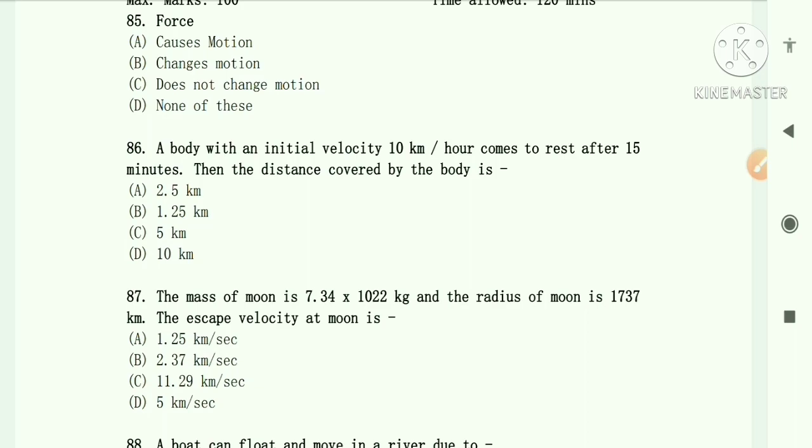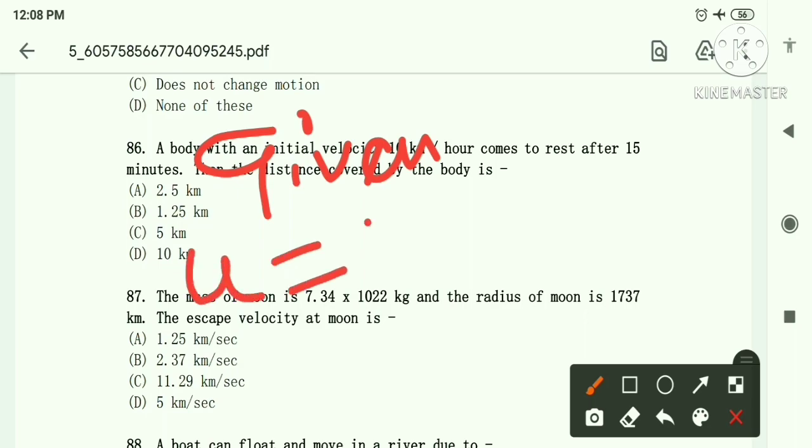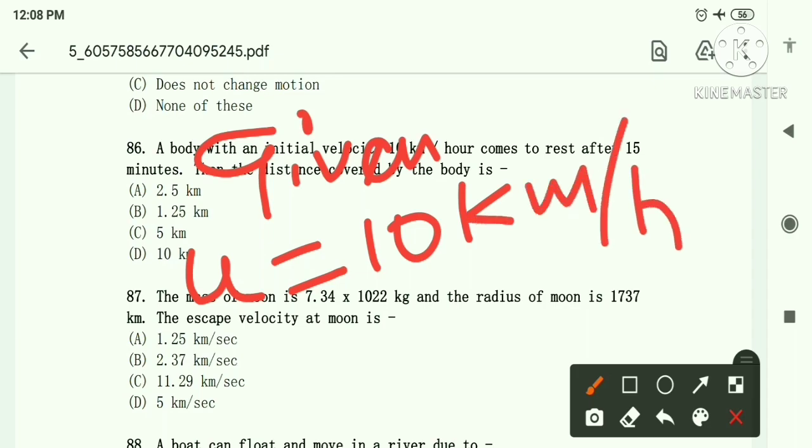Here first we write down what is given. So write down given. Here u, the initial velocity, is 10 km per hour, and the final velocity v is equal to 0.